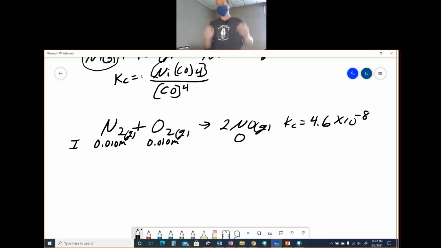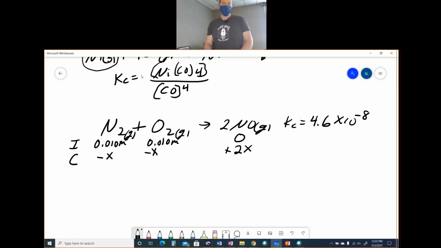When you have a zero, you can never have a zero when you are at equilibrium. And so we know that it's going to form some, maybe a small amount. Since our Kc is small, then this amount will be small, but it will not be zero. All right, and so we know it has to go to the right. So minus coefficient of 1x, minus the coefficient of 1x, plus the coefficient of 2x. So remember to put in the coefficient and then your x.